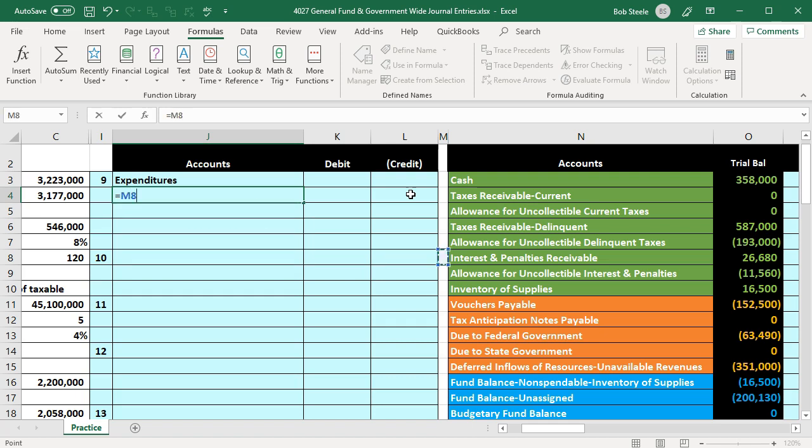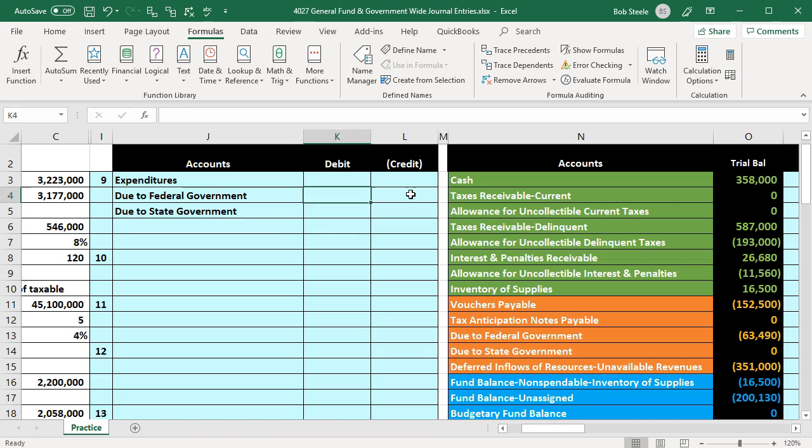But in essence, we're going to say that we owe something to the federal government. So due to federal government, payroll taxes, payable, that we're going to have as a liability account. And then we may also have state taxes, typically, that we may have to pay as well.